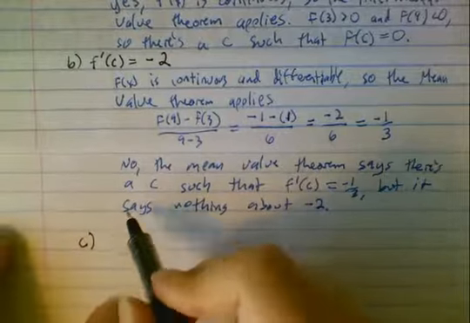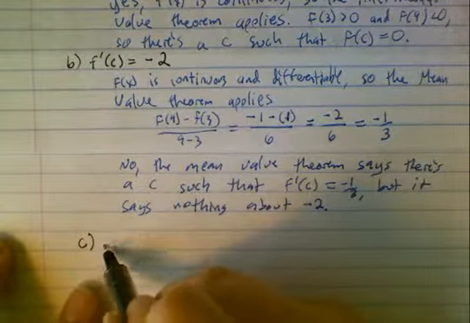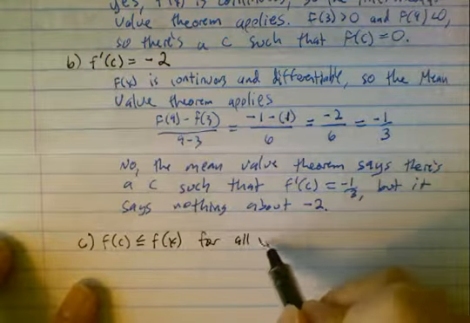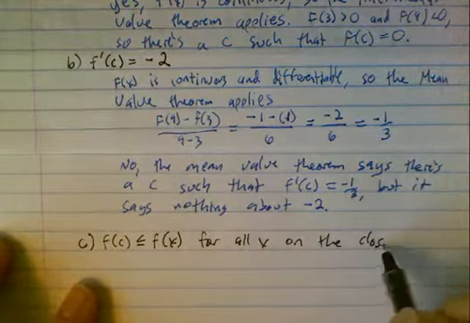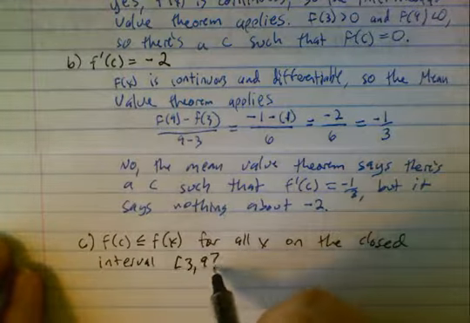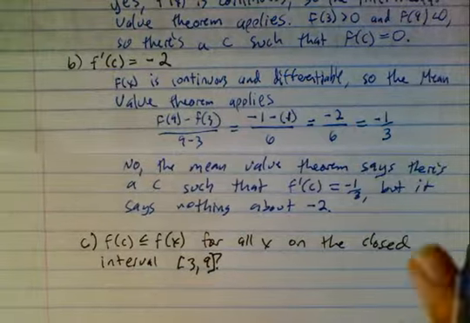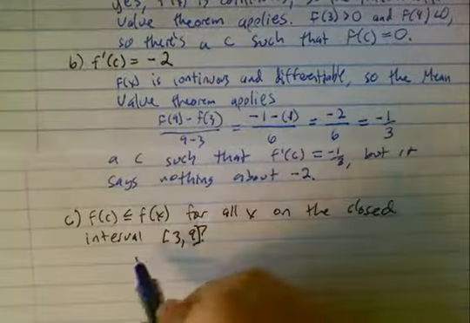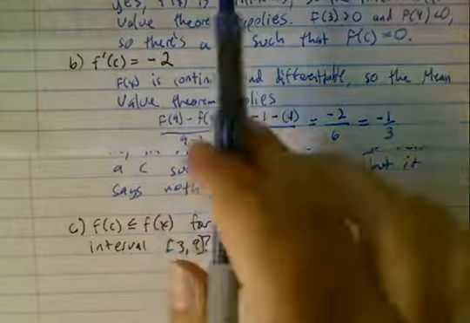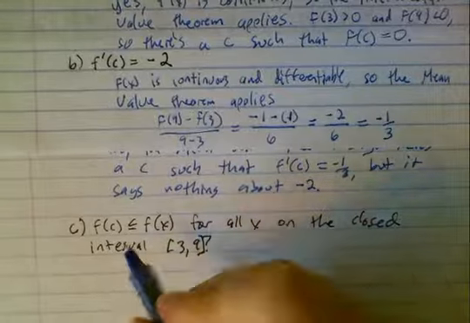And for part C, must there be a c such that f of c is less than or equal to f of x for all x on the closed interval 3 to 9? Okay, think about that one for a second. Restart the video when you're ready. Okay, this is talking about the extreme value theorem. f of x is continuous, so the extreme value theorem applies, and yes, there's got to be a minimum. That's just what the theorem states.